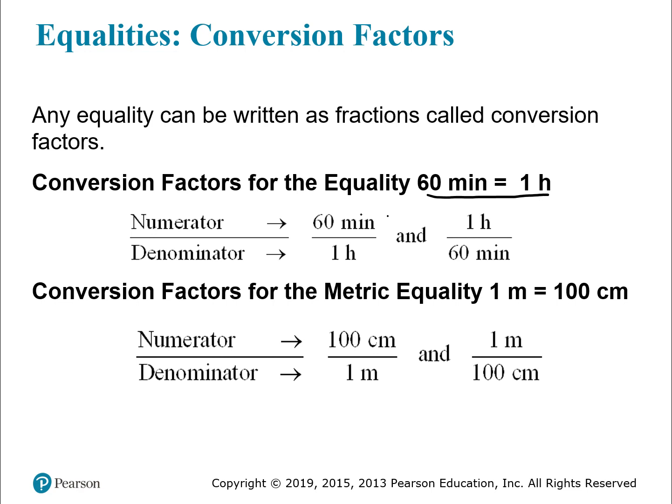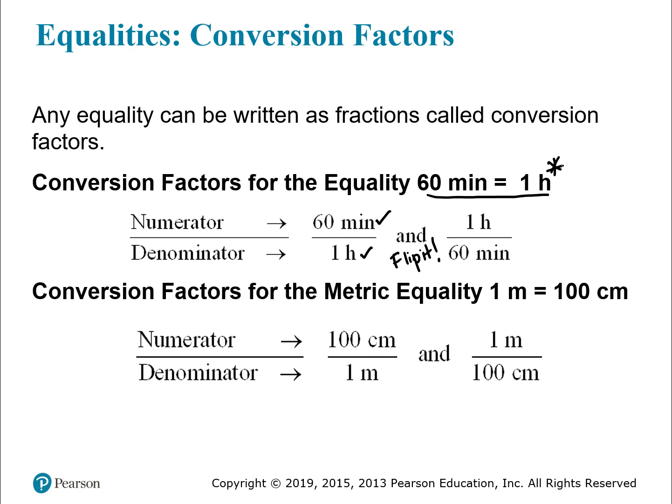You can put the 60 minutes in the numerator and the 1 hour in the denominator, and then you can flip it. Have 1 hour in the numerator and 60 minutes in the denominator. It's as easy as that. I think that getting the equality is harder. Once you have the equality, you can write two fractions from it.